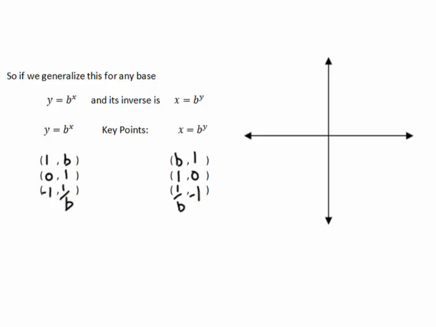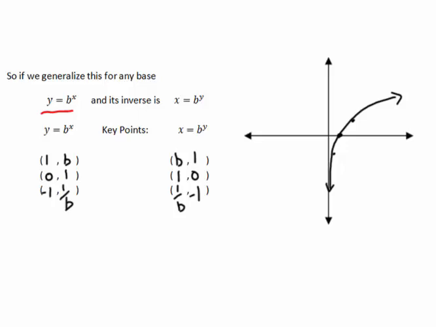Which means if we were sketching the graph of the inverse of y equals b to the x, we would just plot the points. We'd always go through 1, 0, and we'd always have a value up at some b and 1 and some 1 over b and -1 and get a sketch that looks like this.